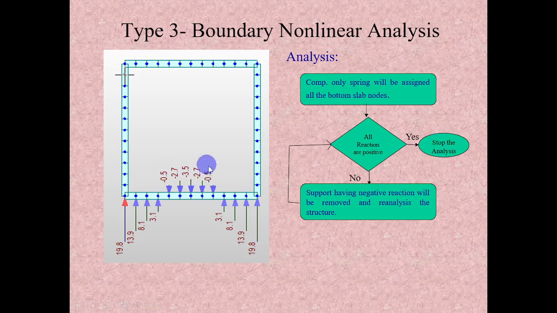Suppose a few reactions are negative, then the supports having negative reactions will be removed in the second analysis, and only these 4 and these 4, these 8 nodes, will have compression-only springs. Again after analysis, we compare the results to see whether all the reactions are positive, then it will stop, otherwise this loop will continue till the end. So this is how the computer programs work.